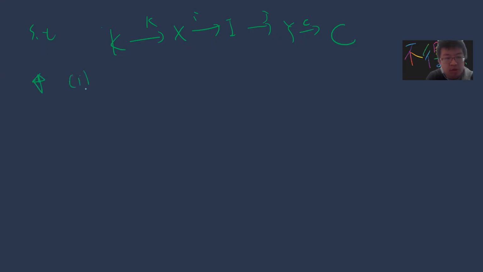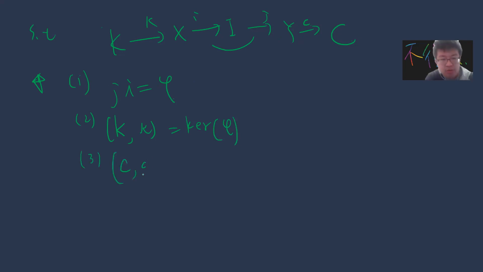That means Ji is phi. This is the definition. And your large K, small kappa, will be the kernel of phi, and your small c will be the co-kernel of phi.